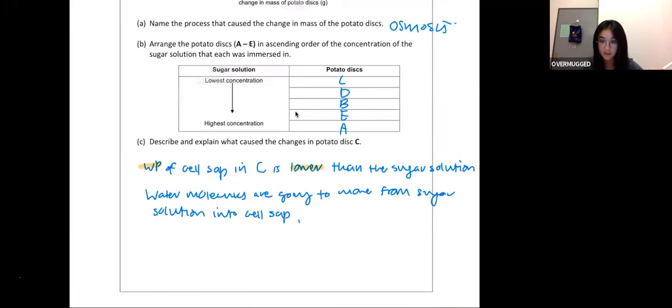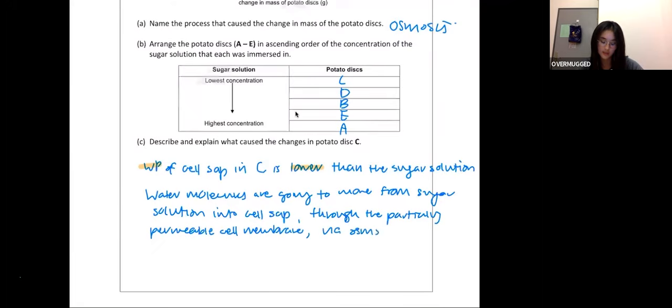Through what? Always remember, osmosis has to take place through a partially permeable membrane. So you have to tell me through the partially permeable cell membrane, via osmosis.